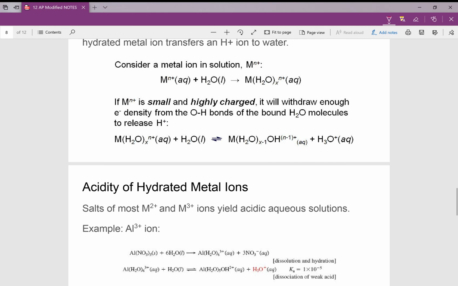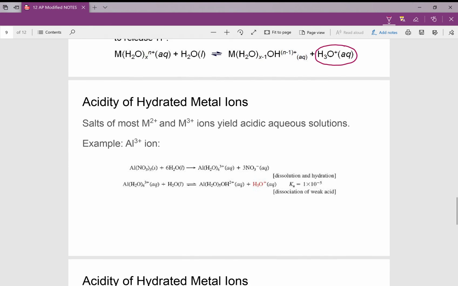So this reaction ends up producing the hydronium ion in solution, which is important when we talk about hydrolysis of salts later in this unit. You're going to see a couple examples related to this. So you have to be able to understand and write this equation and know that those metal ions are going to produce a slightly acidic solution.